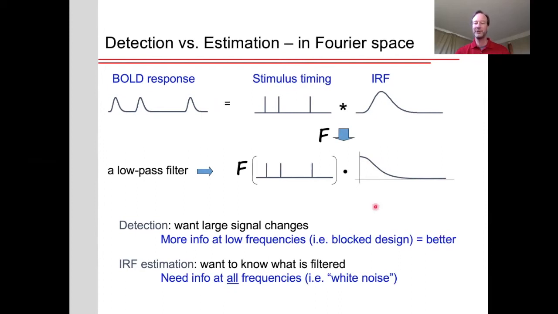However, if we're interested in finding out what the shape of the impulse response function is, then one way we can do that is to send in all possible frequencies, essentially white noise, and find out what comes out. This is sort of the best way of estimating what that filter actually is. So if we're interested in estimating the response function shape, we're really interested in finding out what that filter characteristic looks like. Because of that, we want to send in something that looks like white noise, which is essentially an event-related kind of design.